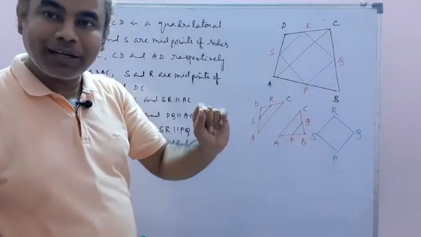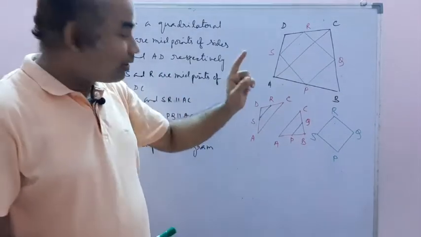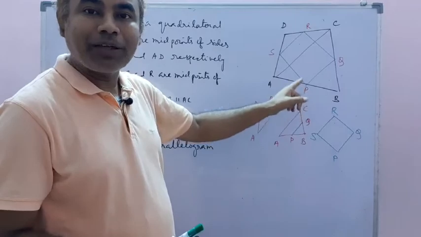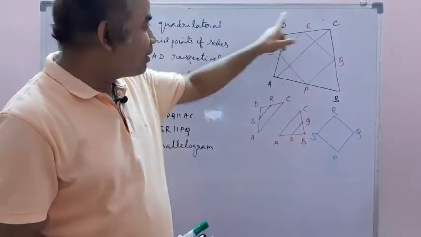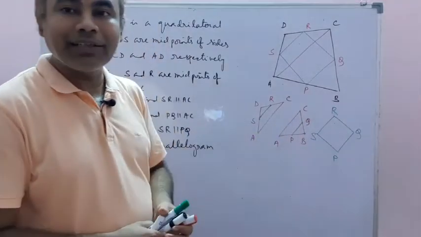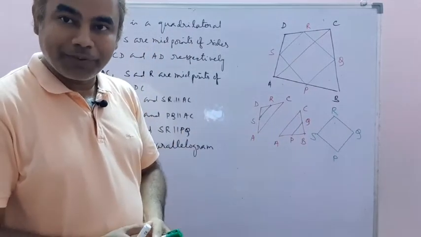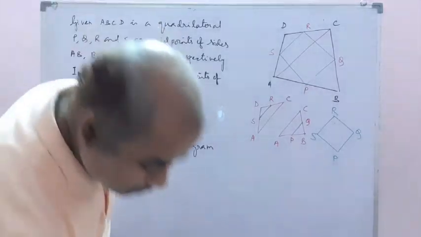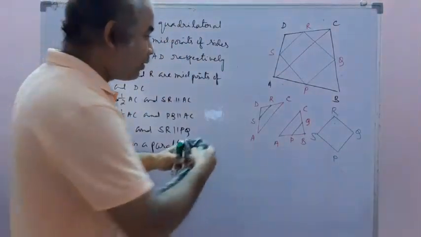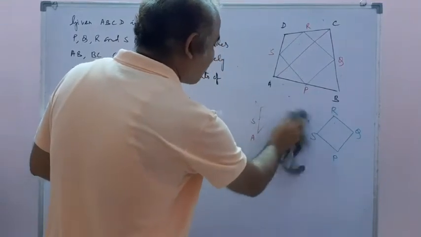Your given quadrilateral can be any quadrilateral, but the quadrilateral formed by joining the midpoints is always a parallelogram. That means ABCD is any quadrilateral, but PQRS is a parallelogram. Okay, clear this much?